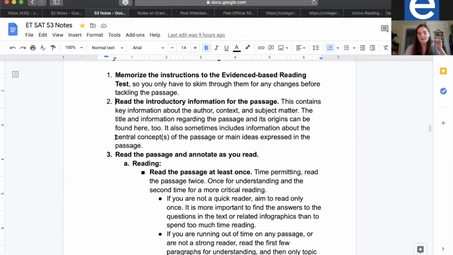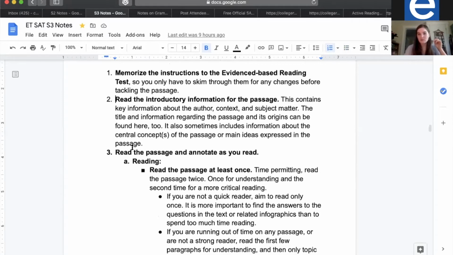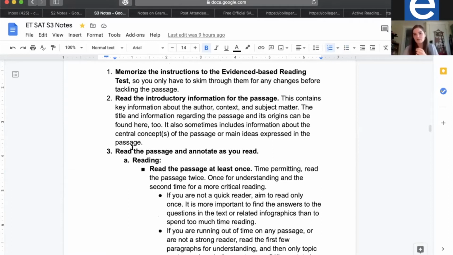And then you're reading through the introductory information. Okay, so that's the second thing that you do. That's really the first thing that you're going to be doing on each subsequent passage. So it's really just the first one that you're dealing with the instructions, because that's the instructions for the entire section. Okay, the introductory information is for each passage, or paired passage. Okay, so everyone has to do that.